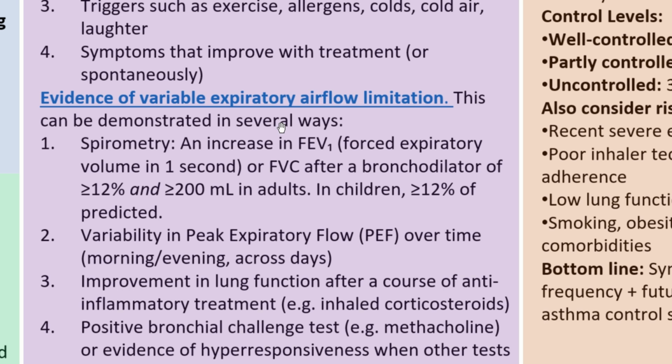If we give a bronchodilator and we measure it, we're going to see an increase of greater than 12% and greater than 200 mL in adults, and in children more than 12% of the predicted. The predicted is normally the normal. There is a chart which has the normal values expected of children within that age, height, and weight.